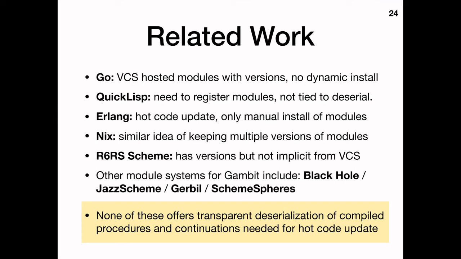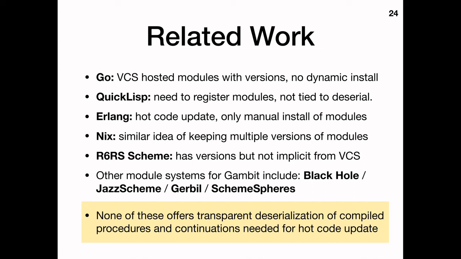There are other systems. Go supports VCS hosts, supports installing modules with version, but it's not a dynamic install. You can specify version of a module using the go get pkg@version syntax.